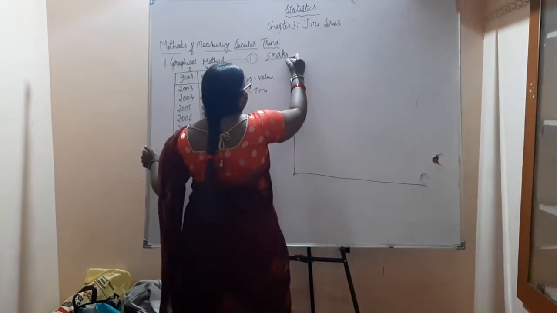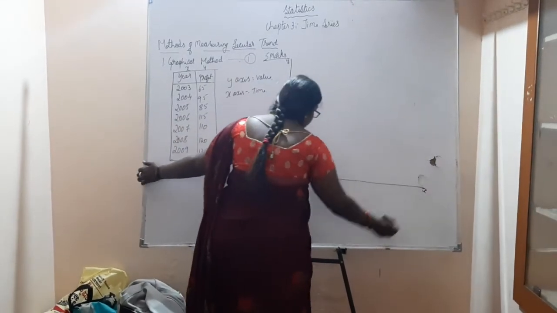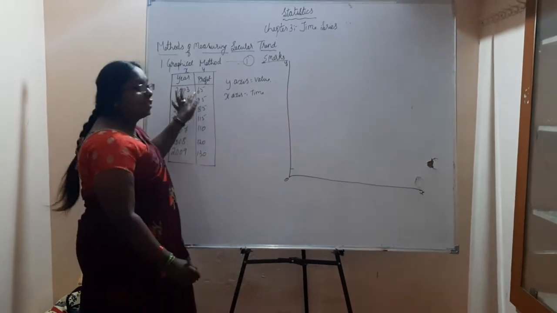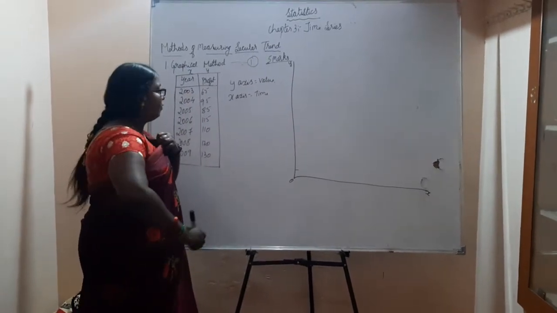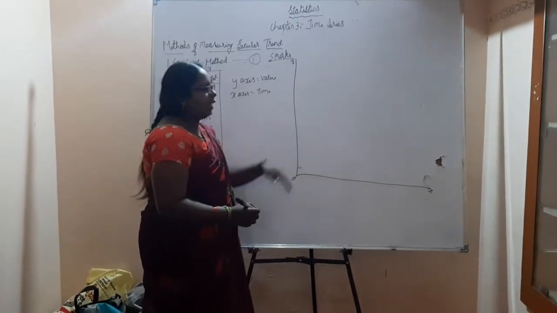So this is my y-axis, 0, and the x-axis. I will start from 55, because the values here start from 65 and I need to plot a trend line.